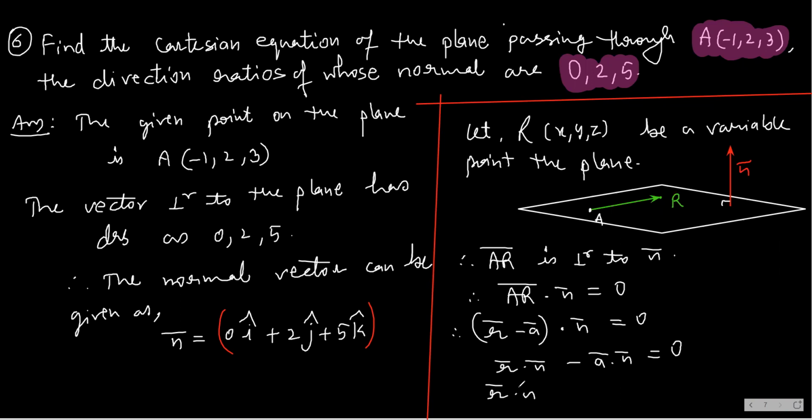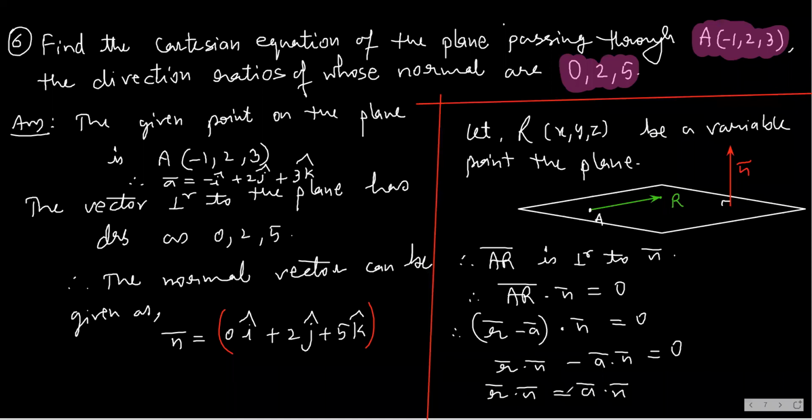So, R bar dot n bar equals A bar dot n bar. I will now substitute all this. As we are given point A as (minus 1, 2, 3), therefore A bar will be minus I cap plus 2J cap plus 3K cap.